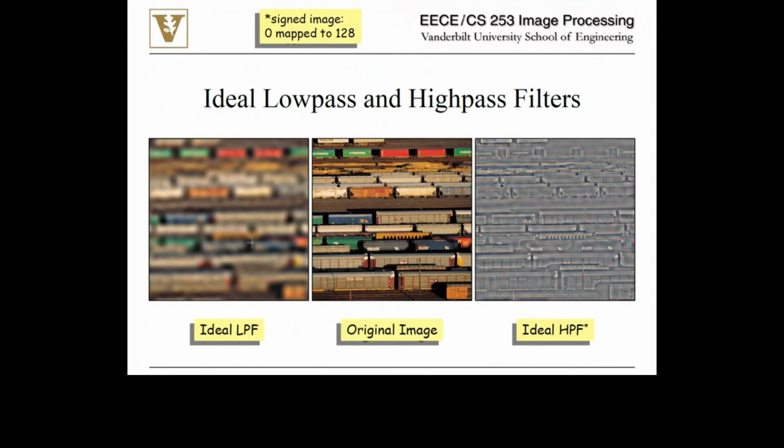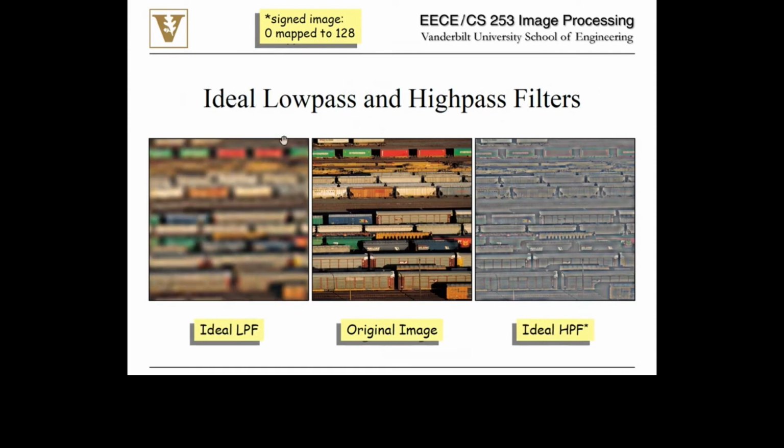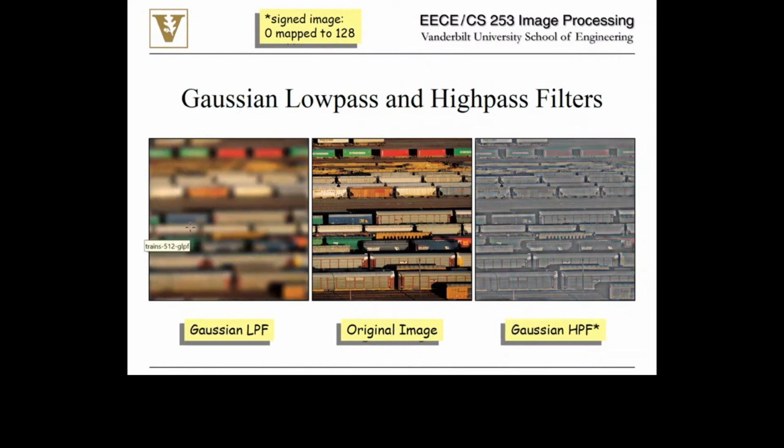And here you have a comparison of ideal low-pass filters and ideal high-pass filters compared to the Gaussians. So you see, in the ideal, we see this ringing. You see the ringing here? But now in the Gaussians, you don't see the ringing anymore.